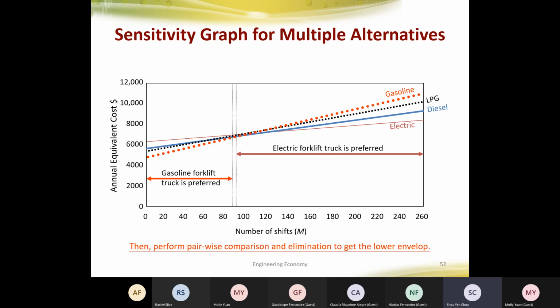So before that pivot point, we may choose one solution. In this case, when we don't work on the machine that often, I think gasoline is better. When we use it extensively, then we'll choose electric forklift.